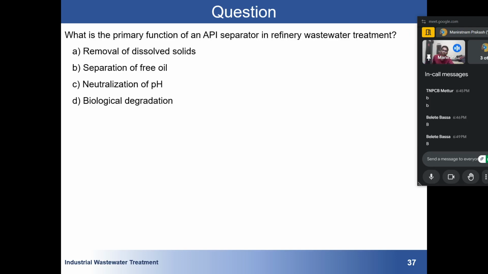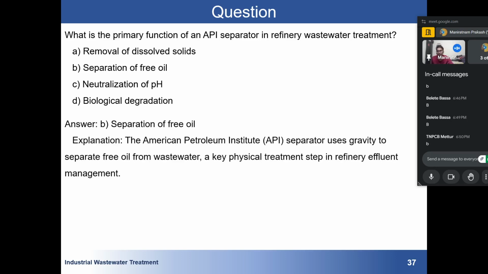Next, what is the primary function of an API separator in refinery wastewater treatment? B. The American Petroleum Institute separator uses gravity to separate free oil from wastewater, a key physical treatment step in refinery effluent management.